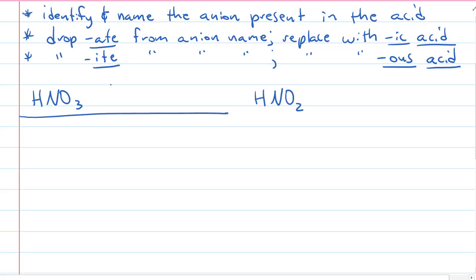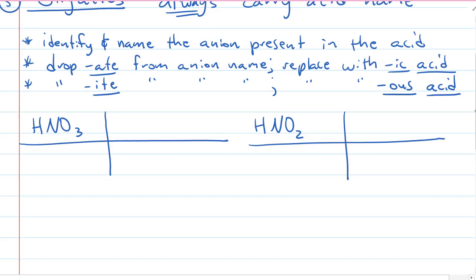And to do each of these, I like to use what I call the four-square method, where we just apply these rules in order. So we're going to come up with a name for this one, and we'll come up with a name for this one over here. So the first thing we're going to do is identify and name the anion present. Let's start with the formula of the ion. What is the formula of the ion that's present in this one? NO3 with a charge of 1 negative.